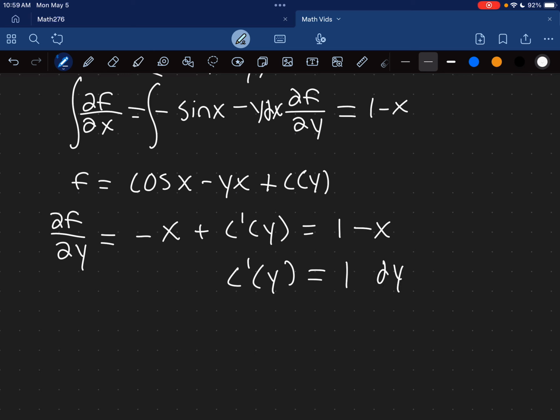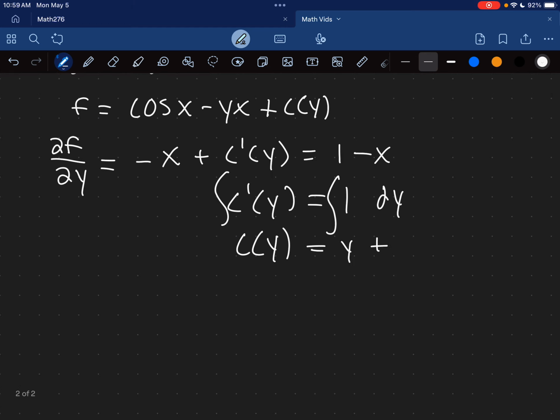Now we can integrate this with respect to y to get our c of y, which is equal to y plus some constant that we'll say k. And note, we can use k equals 0 for f, so that will get rid of that.